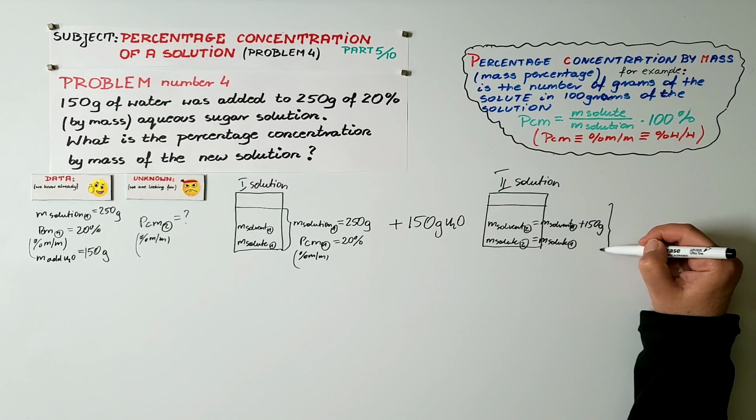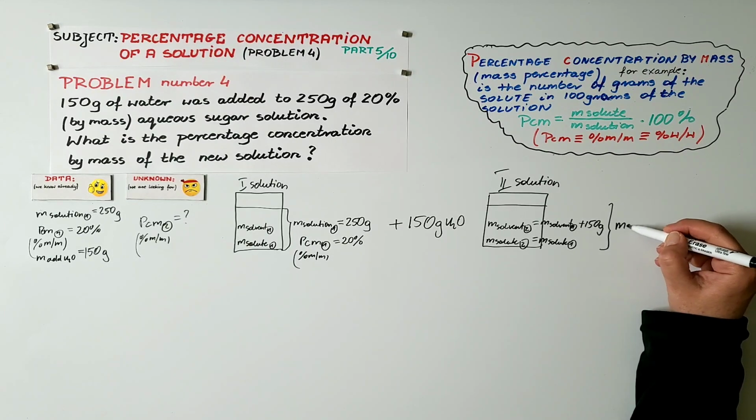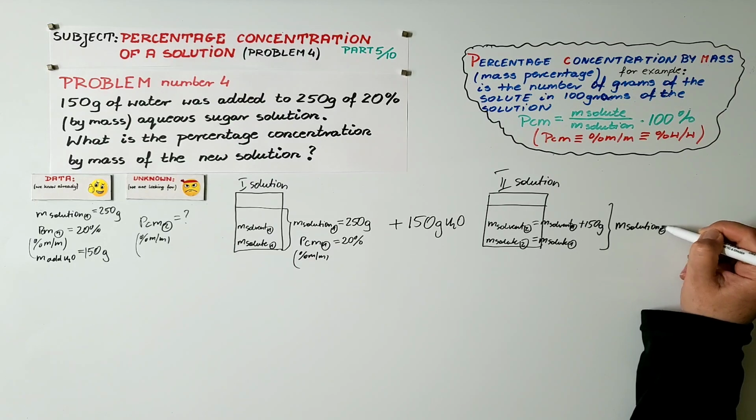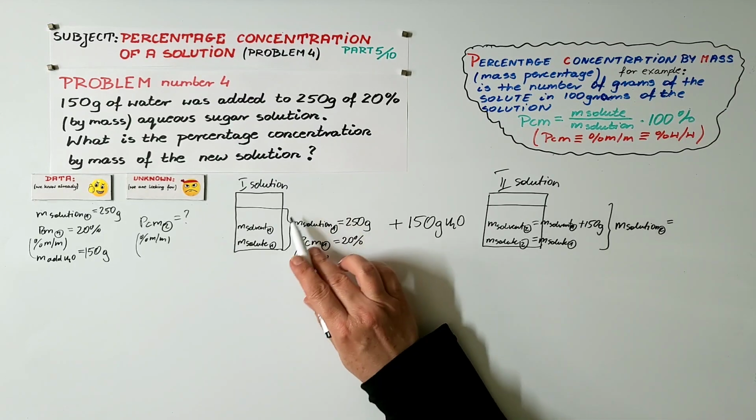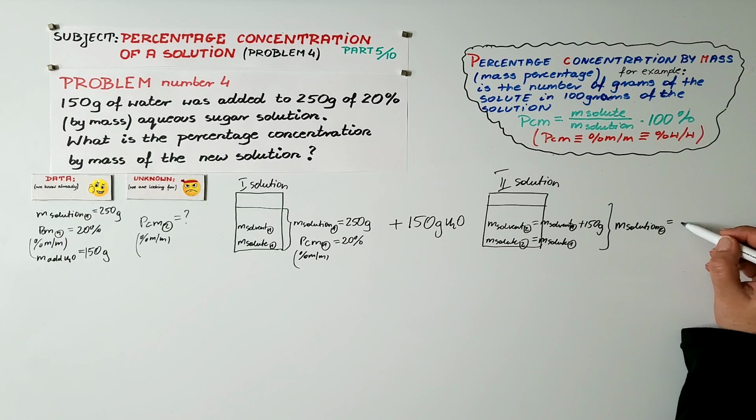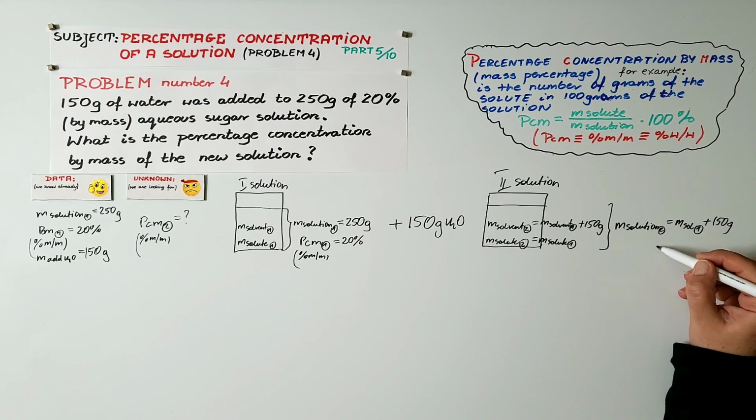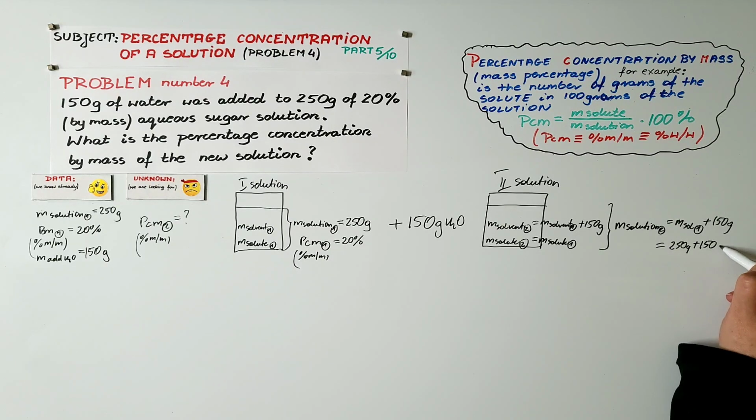So mass of solution 2 equals mass of solution 1 plus 150 grams. So it equals 250 grams plus 150 grams equals 400 grams.